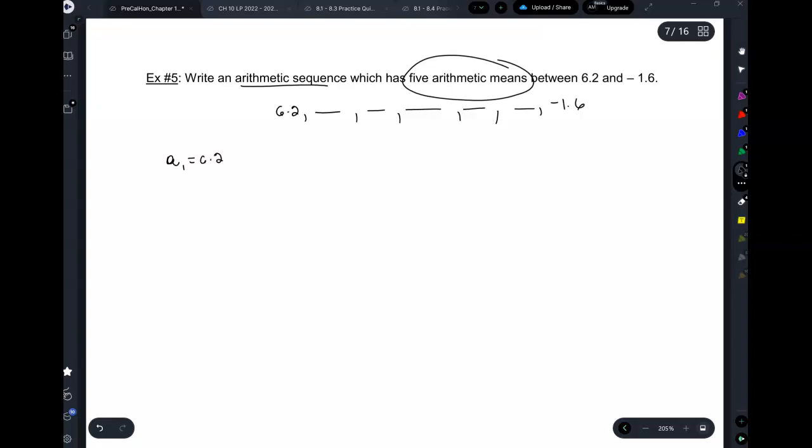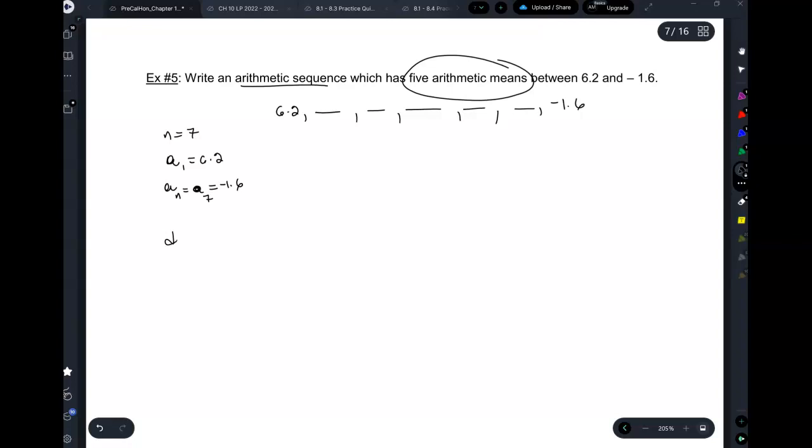And what's A sub n? That's the last one always, negative 1.6. How many terms are there? 7. So this is really A sub 7, negative 1.6, because n is 7.